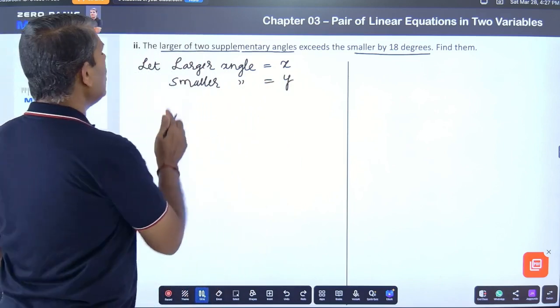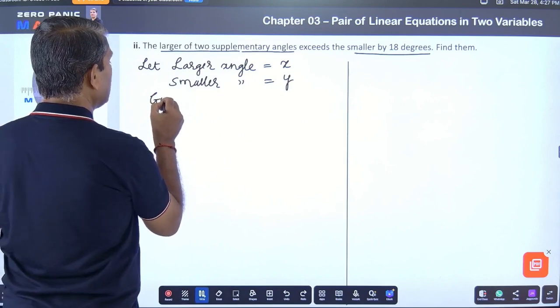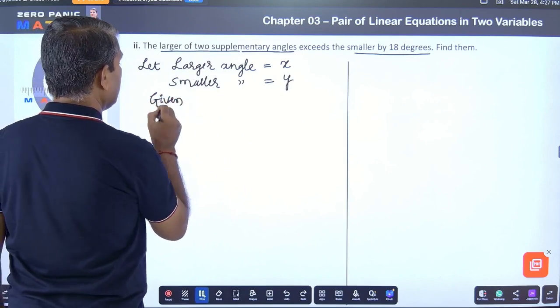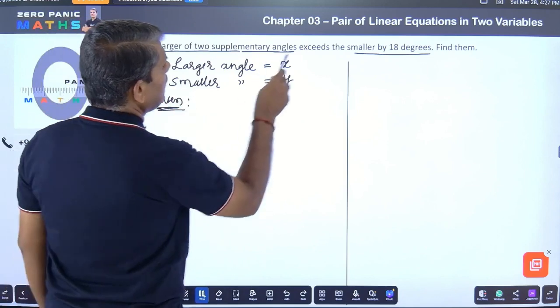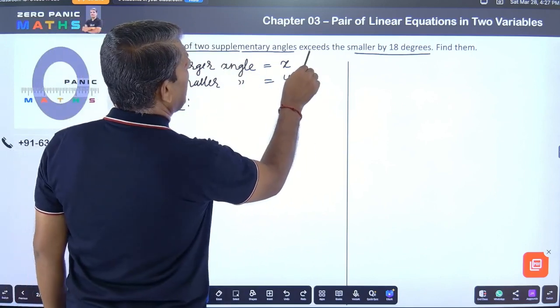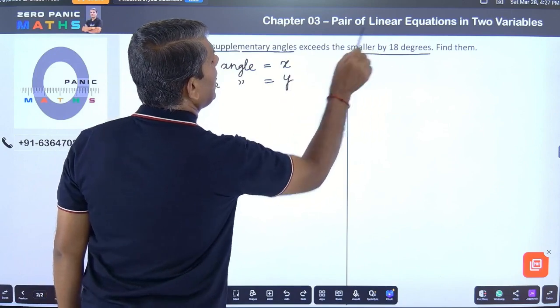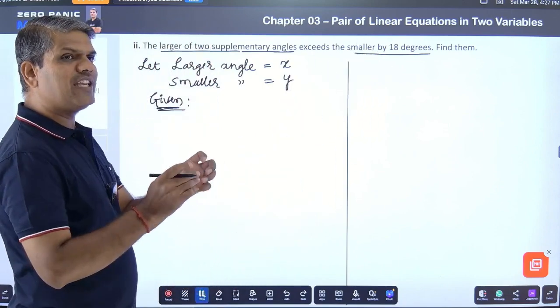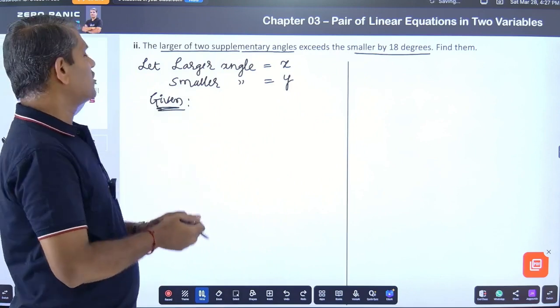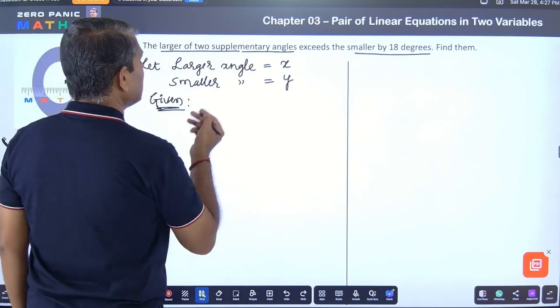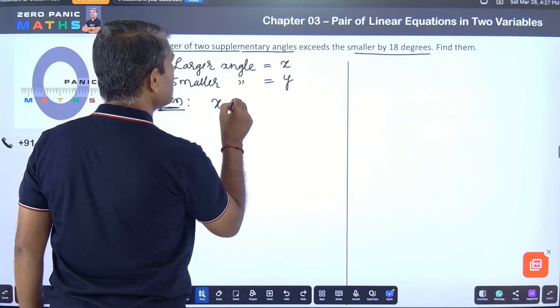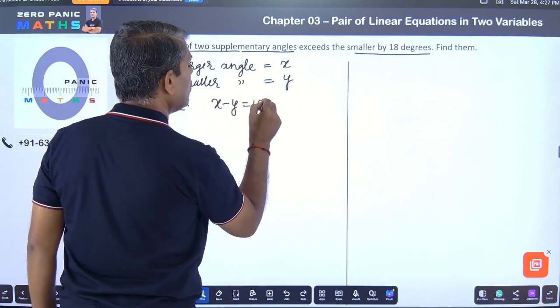So what is given then? Given is that the larger exceeds the smaller by 18. It means the larger is 18 greater than the smaller. I can say that x minus y is equal to 18.